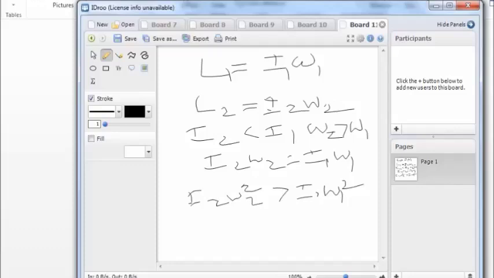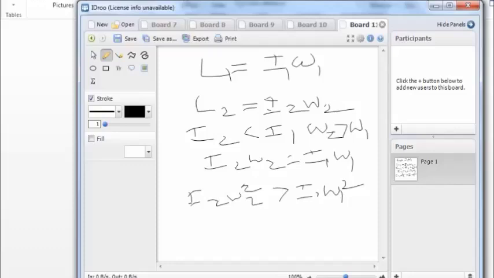Now when the arms are brought towards the body, the moment of inertia decreases because the mass distribution is reduced. See, the moment of inertia is mr square, r is reduced, so I2 is less than I1, so that makes omega 2 greater than omega 1. Now we know that I2 omega 2 is equal to I1 omega 1 because of the conservation of angular momentum, because there are no external torques.